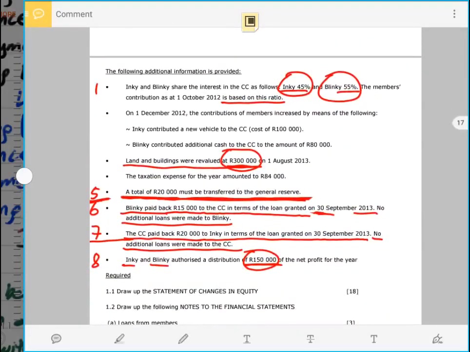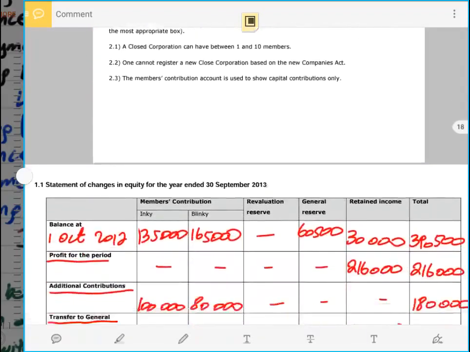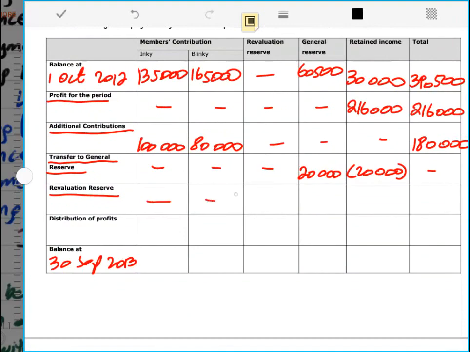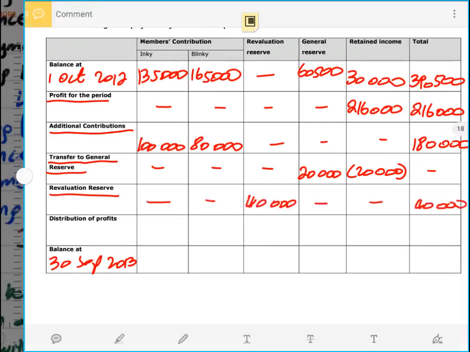So now it means the difference will definitely be 40,000 rands. Then we just say 300,000 rands minus 260,000 rands. That will give you the revaluation of 40,000 rands. That will be recorded under the revaluation reserve and also under the total column.